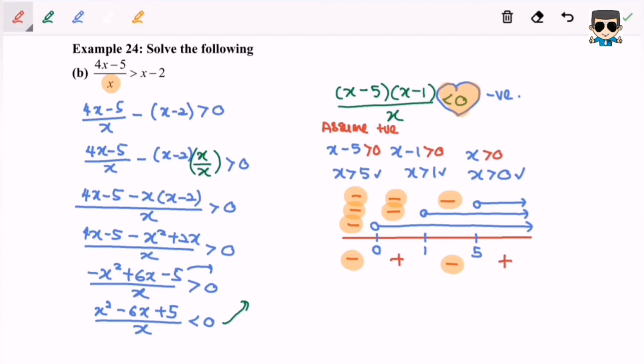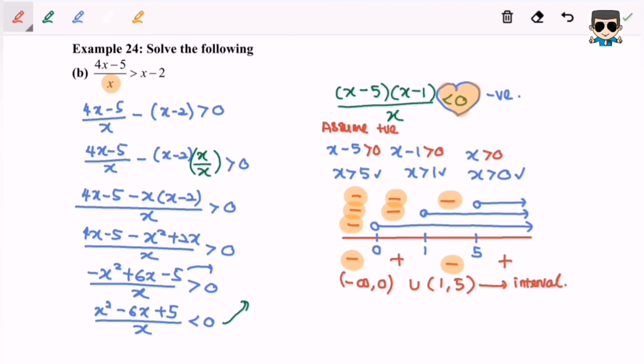So finally, if we want to express our answer in a number line, we will have negative infinity until 0, where 0 is not included, union 1 until 5, where 1 and 5 is not included. So this will be the interval form.